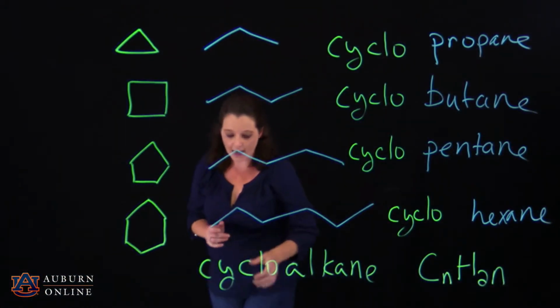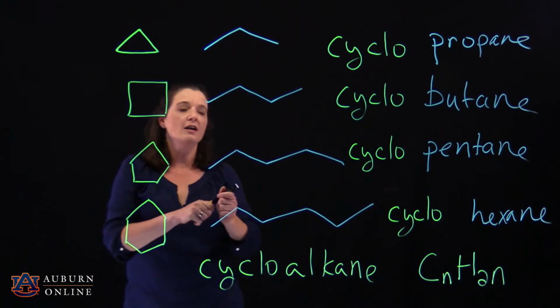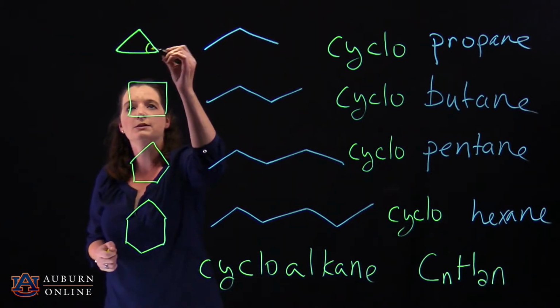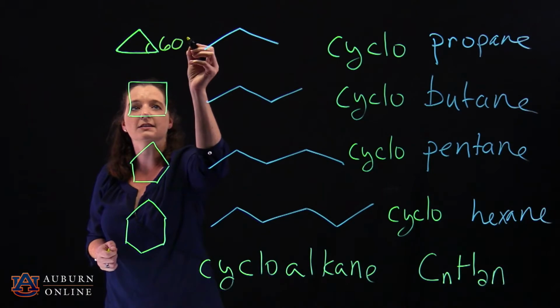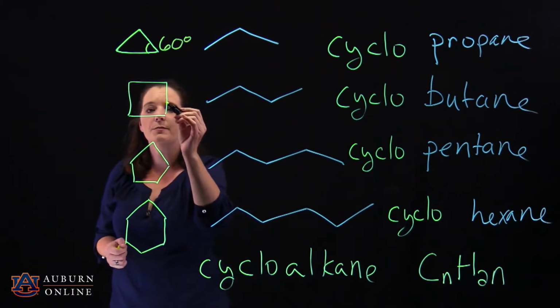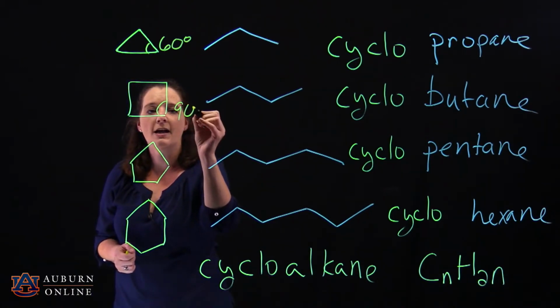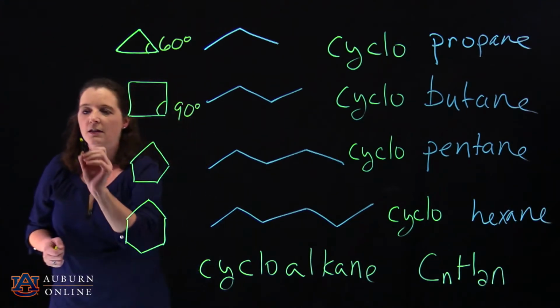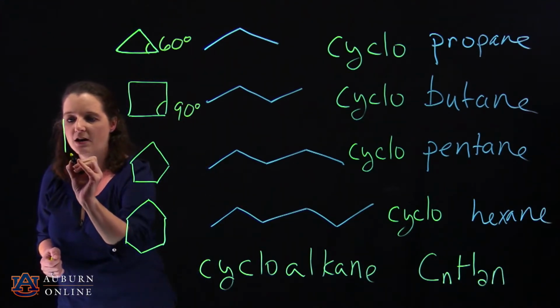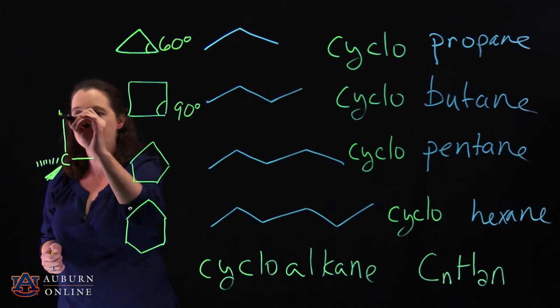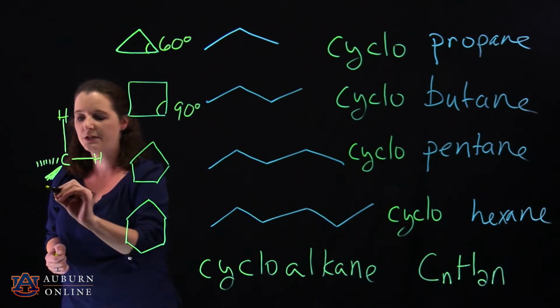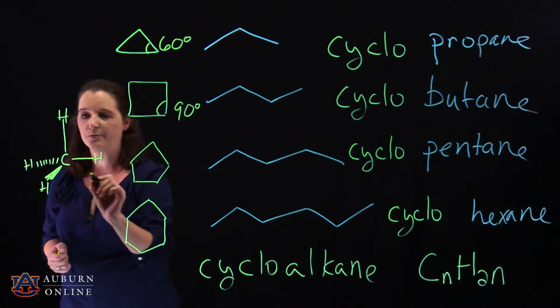So if you look at our cyclopropane, this bond angle is 60 degrees. And our cyclobutane, this is 90 degrees. Remember, when we had our carbon with 4 hydrogens bonded to it, these hydrogens want to be as far apart as possible from each other.